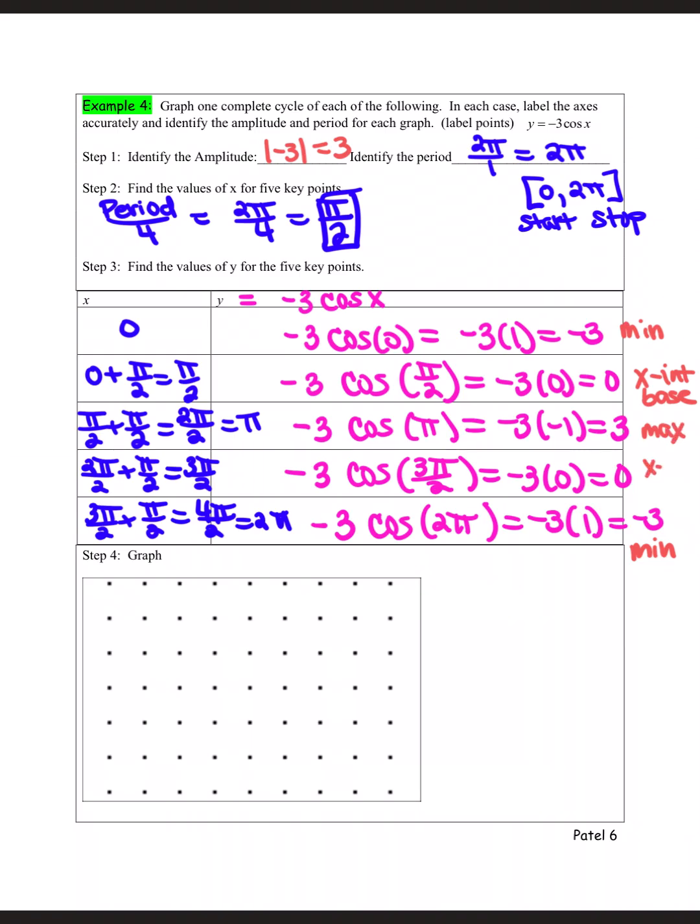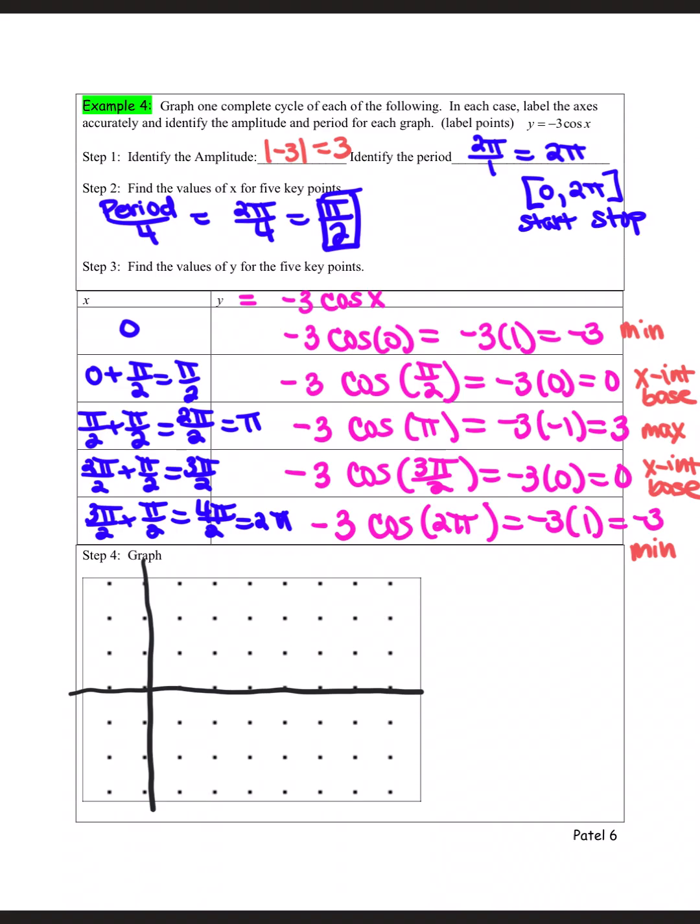Then it comes back to my base, or my x-intercept in this case. And then it goes to min. So it went min, base, max, base, min. Normally, the cosine starts at max and ends at max. But once again, because of the negative sign, that's why we reversed the pattern.